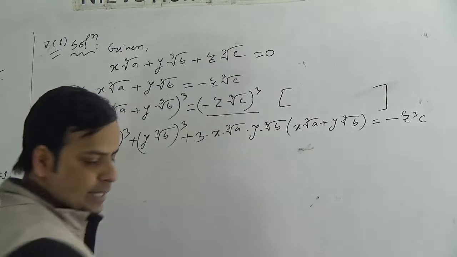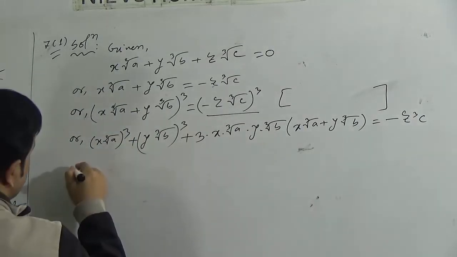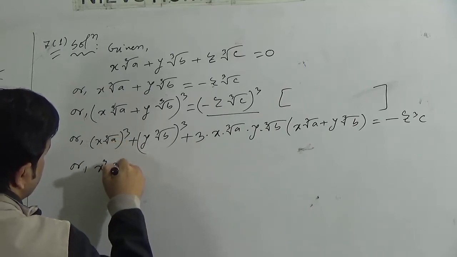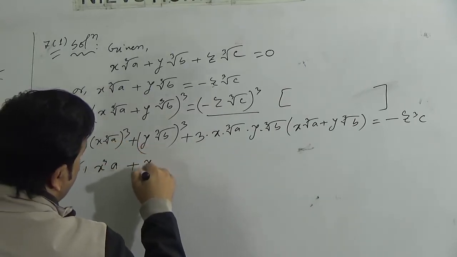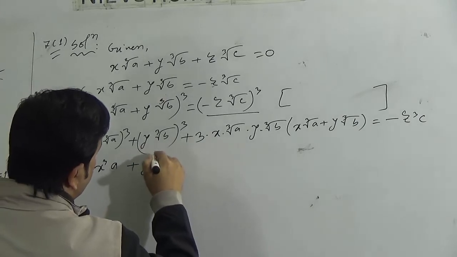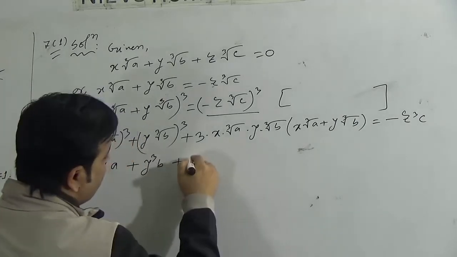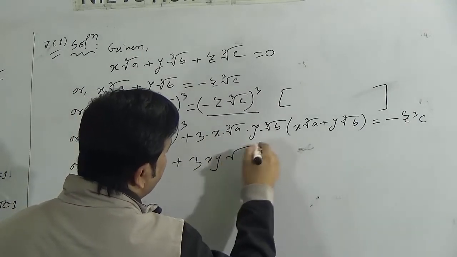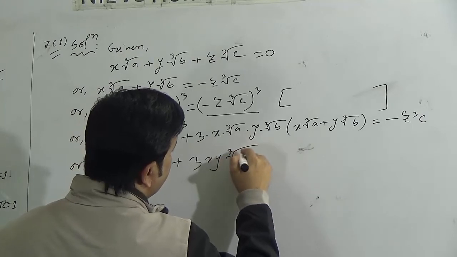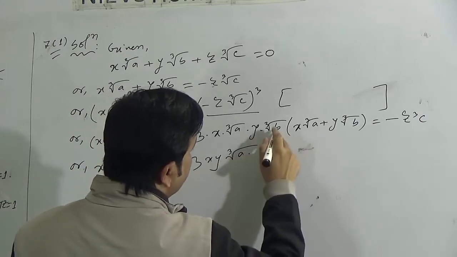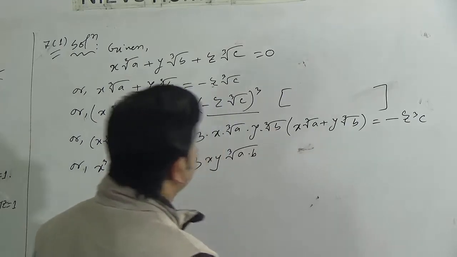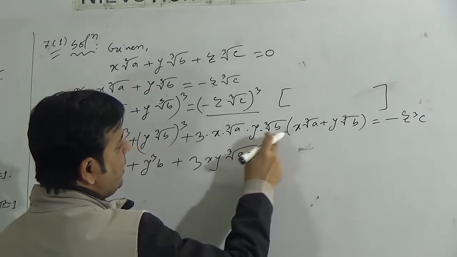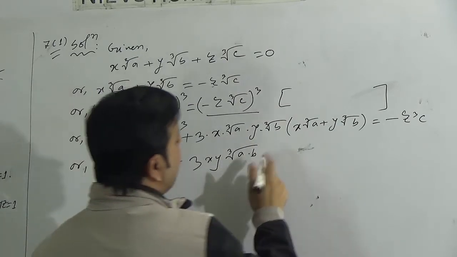Now if you notice here, here is also cube given, so we can write this is x cube and this cube and whole cube will vanish each other, so this will be A, and here is y cube B plus 3 x y, and here is cubic root A into cubic root B. Just give only one cubic root, and as this is product you can write A into B inside the cubic root.